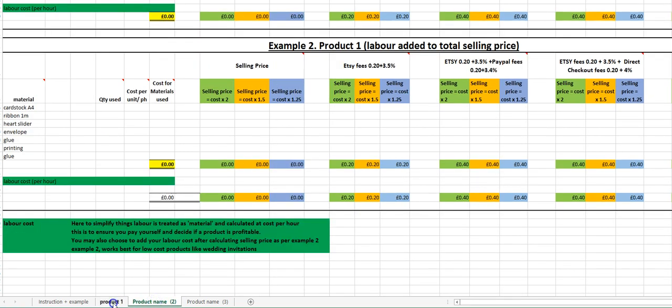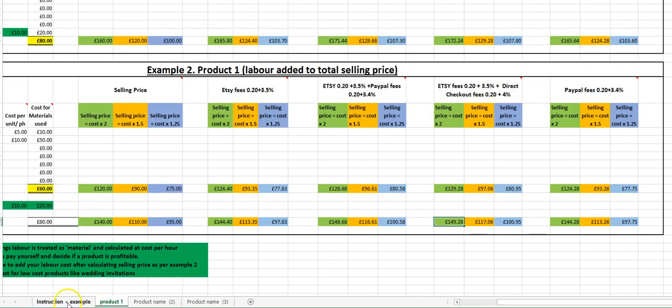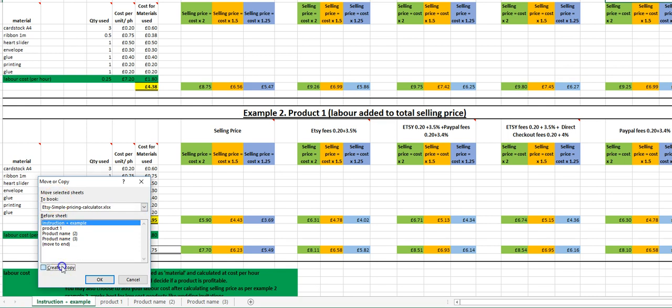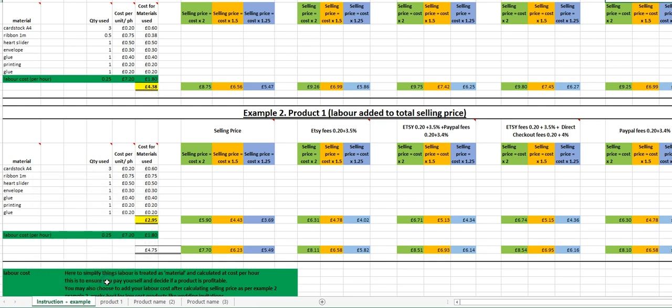And to copy this tab, all you do is right click on it and choose Move or Copy, and create a copy. Okay. So what it's done is, see, this is the original tab and this one's got a little 2 next to it. That's the copy of the first tab. So again, you double click really quickly and you name it whatever you want.